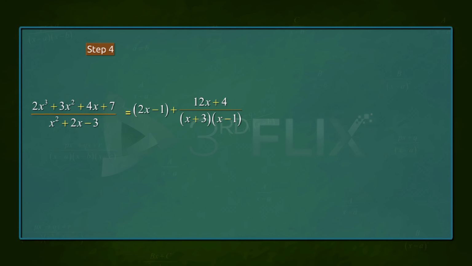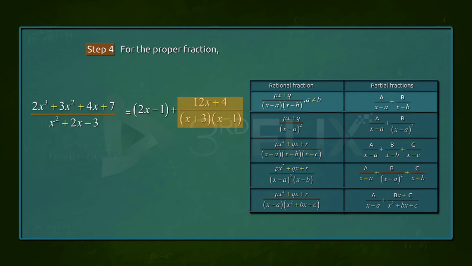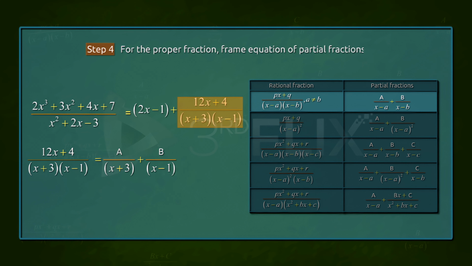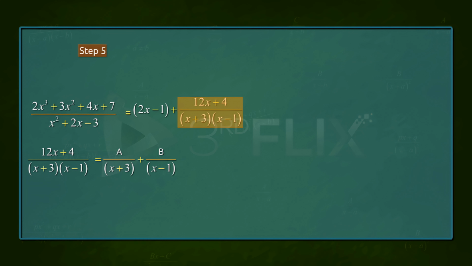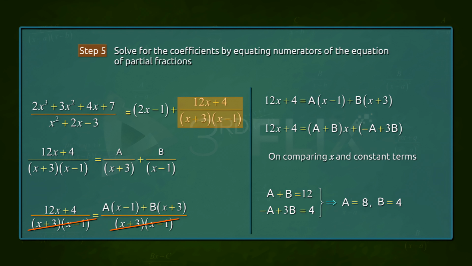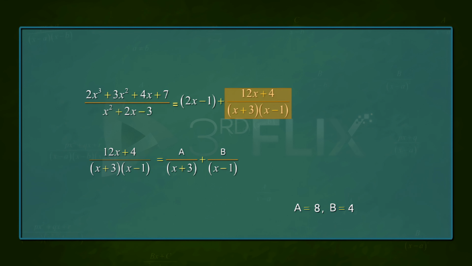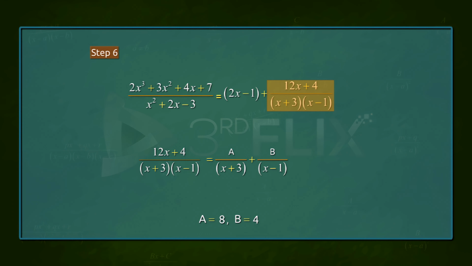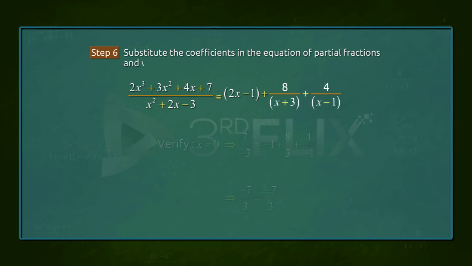Step 4: for the proper fraction, frame the equation of partial fractions with arbitrary coefficients A, B, C, etc., as per the given table. Step 5: solve for the coefficients by equating numerators of the equation of partial fractions. Step 6: substitute the coefficients in the equation of partial fractions and verify.